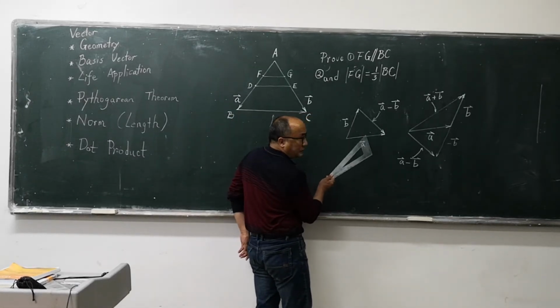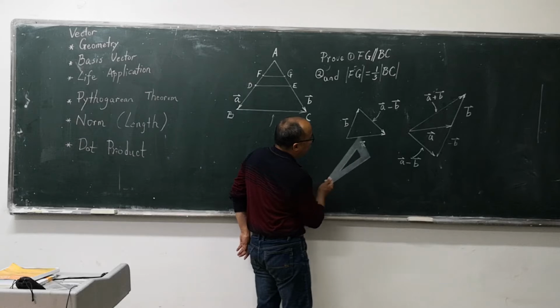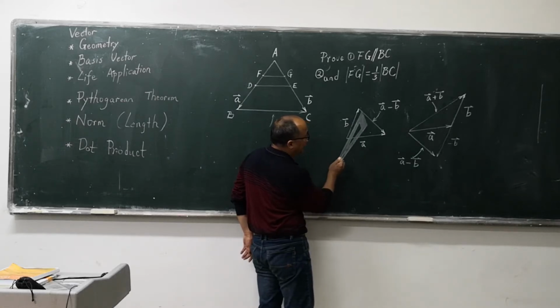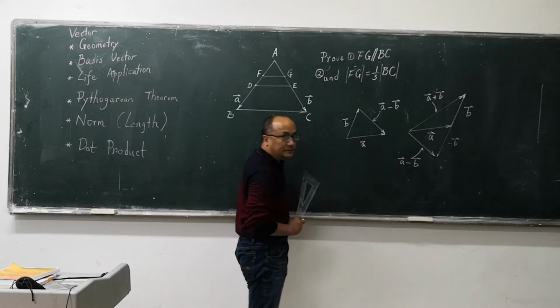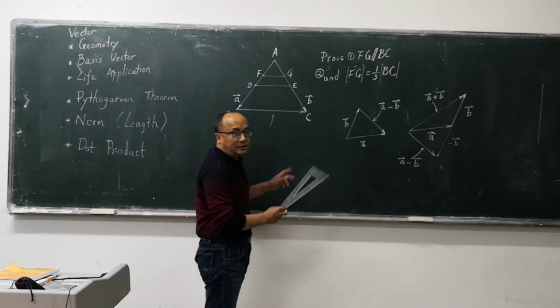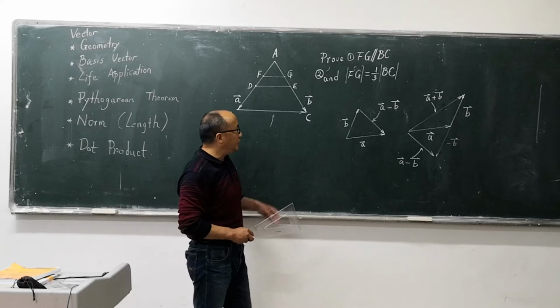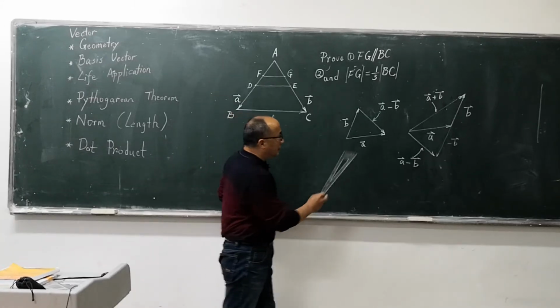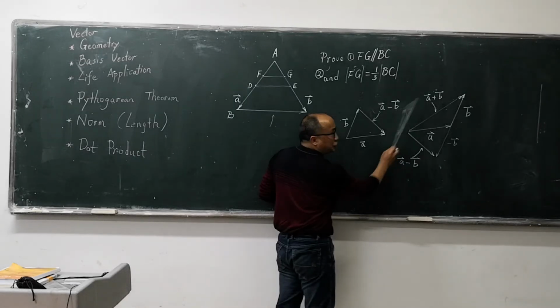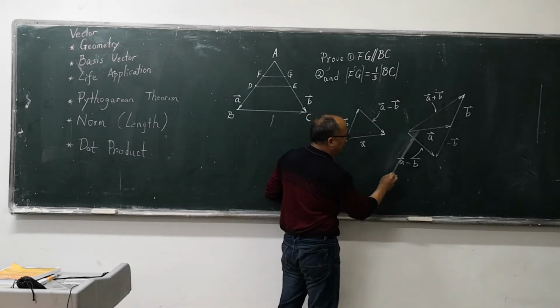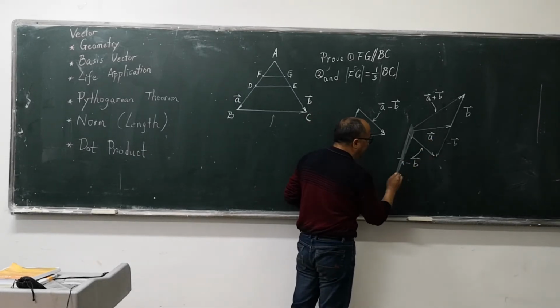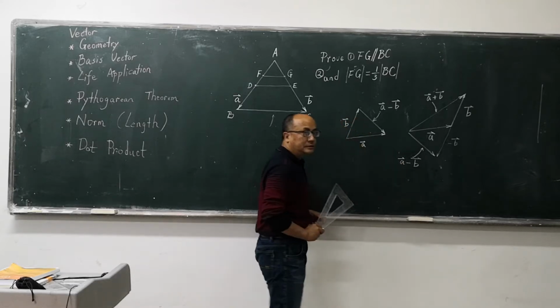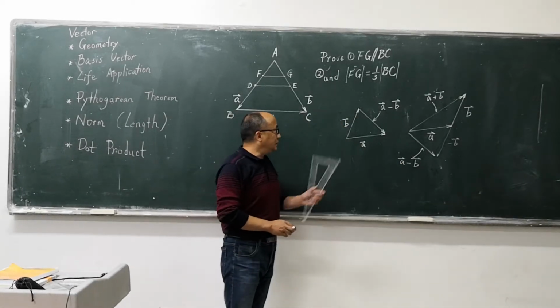So for the subtraction, this is a vector A, this is a vector B. So A minus B is this. And for addition, it is vector A plus vector B. This is a plus, this is a minus.